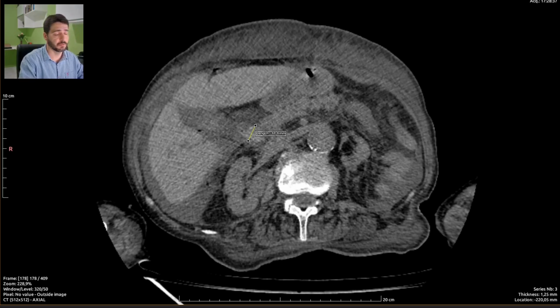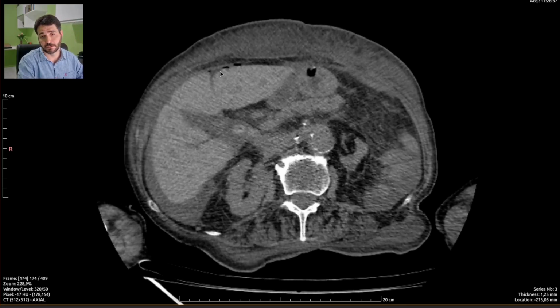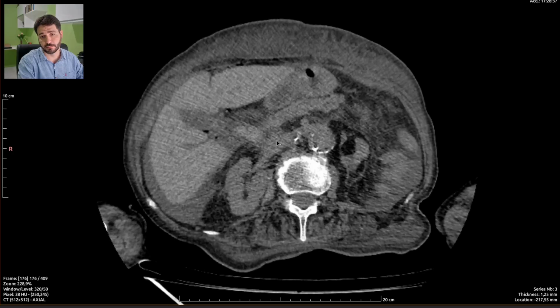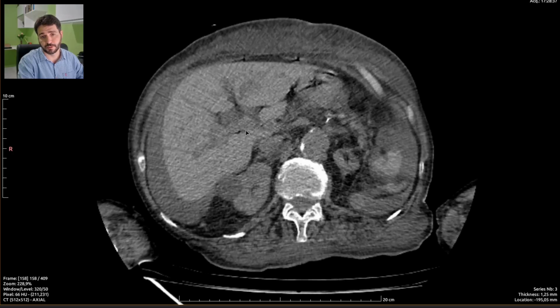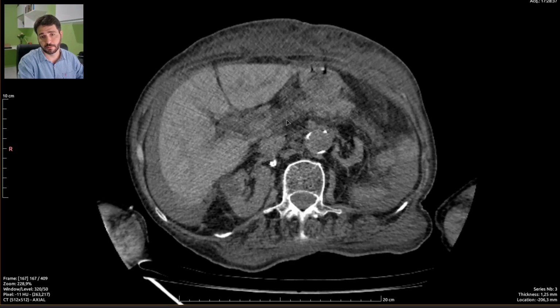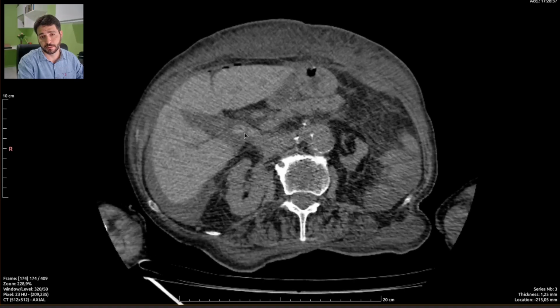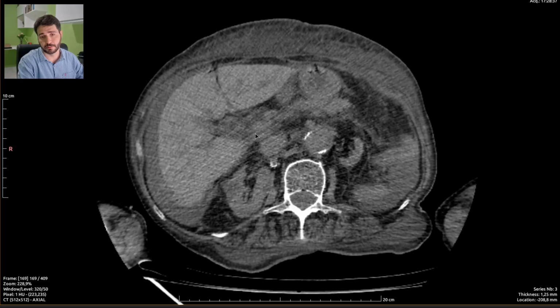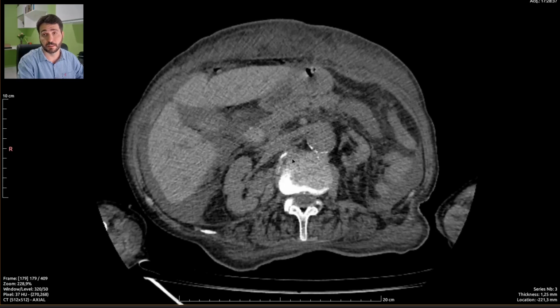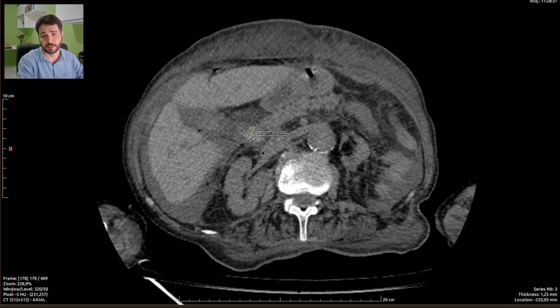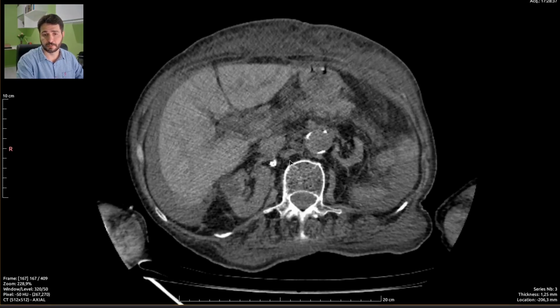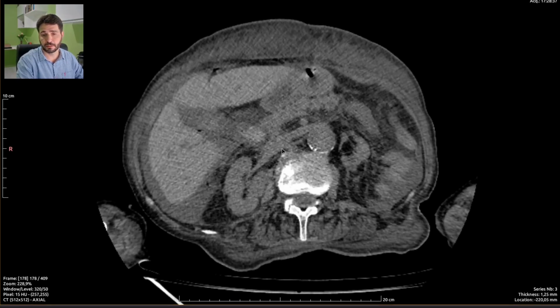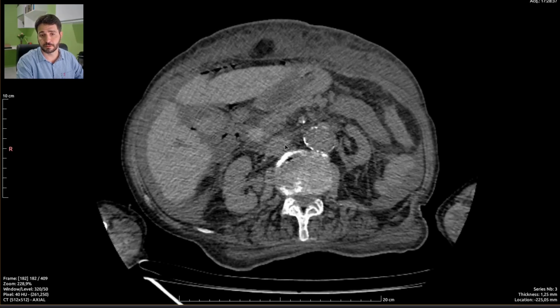It's filled with stones. This isn't the portal vein. The portal vein is right here. This is the portal vein. This is the biliary tree. Just for you guys that are in doubt, that could be screaming on your chairs, to your television, say this isn't the choledochus, this is the portal vein.